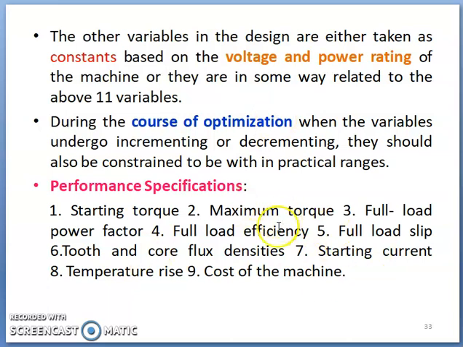Generally, these nine specifications are taken as performance specifications during the design process: starting torque, maximum torque, full load power factor, full load efficiency, full load slip, tooth and core flux densities, starting current, temperature rise, and cost of the machine.